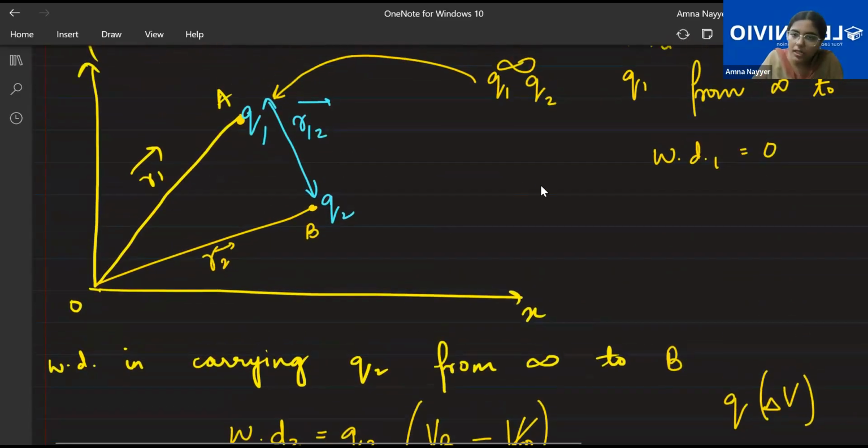When we have brought the charge from infinity, this potential was present, which led to the force or the work done. Q1 was already present. It is its potential that is leading us to the calculation.